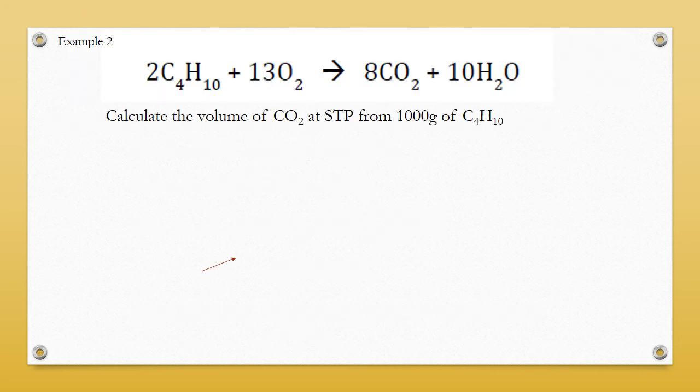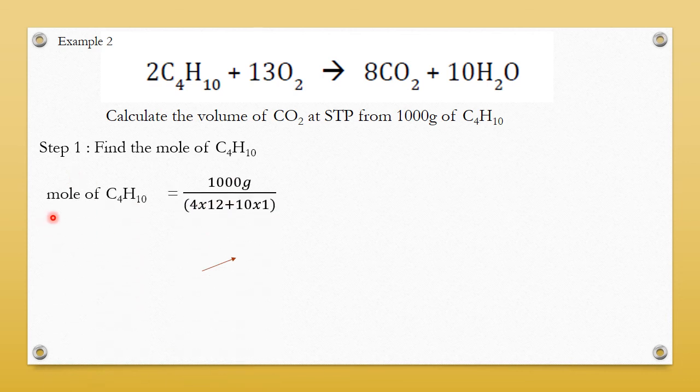Now the second example: how to calculate the volume of carbon dioxide at STP from 100 gram of C4H10. Here, we have to use the number of mole for the stoichiometry relation. First, we are going to find the number of mole of the butane.